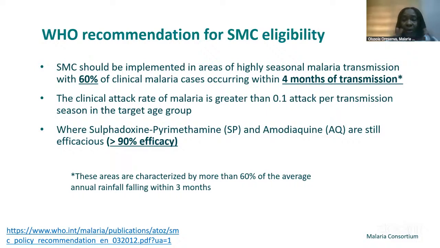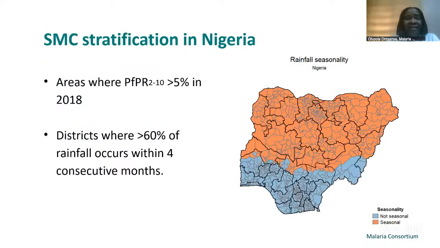So all these parameters must be assessed and they must be present before you can introduce seasonal malaria chemoprevention in that area. And so to determine the areas where Nigeria would be introducing SMC, these were all the parameters that were considered. This map just shows rainfall seasonality in Nigeria, the areas where you have more than 60% of the rainfall occurring within 4 consecutive months.